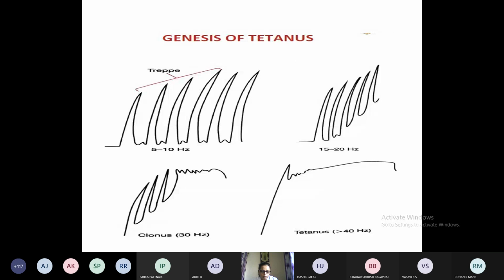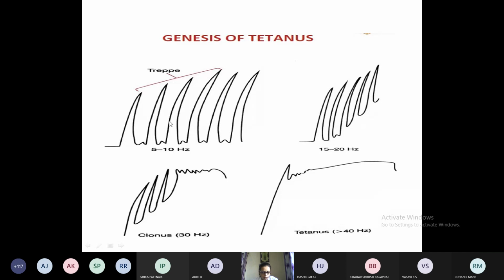This phenomenon is called treppe or the staircase phenomenon. So initially, until it is reached, there is a staircase phenomenon. Once it is reached, it gets a similar amplitude. This type of property of the muscle is called treppe or staircase.